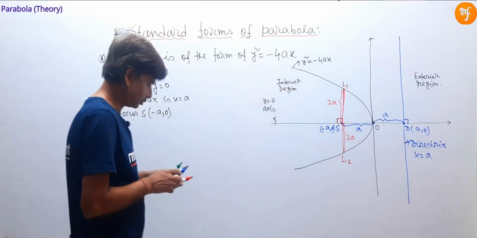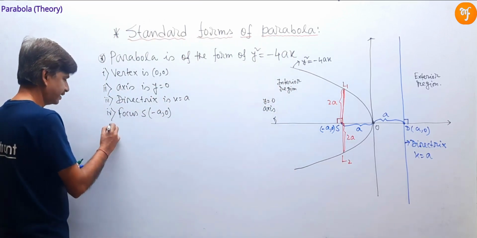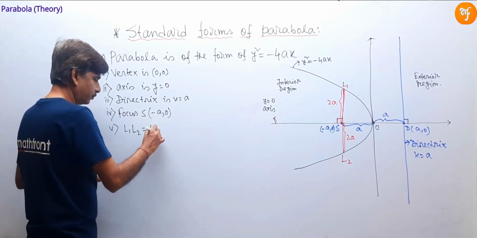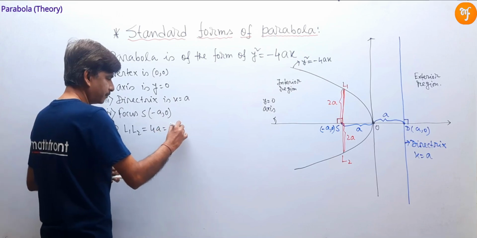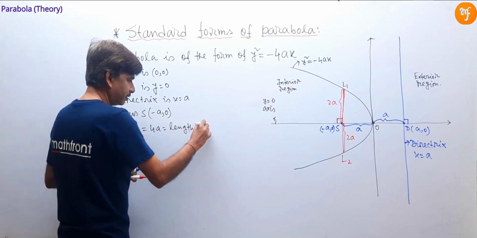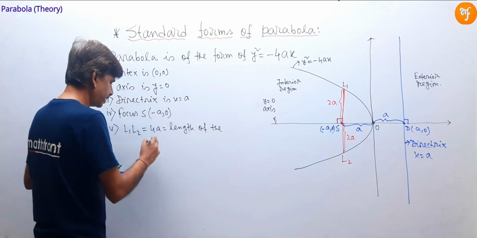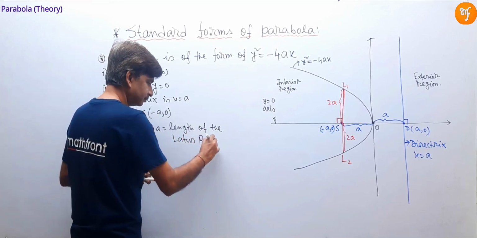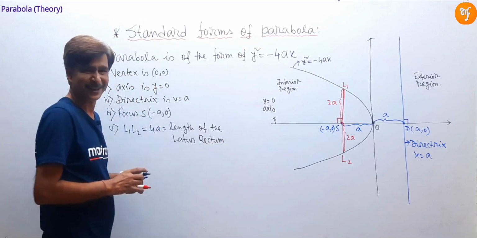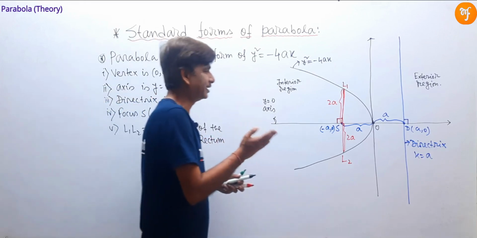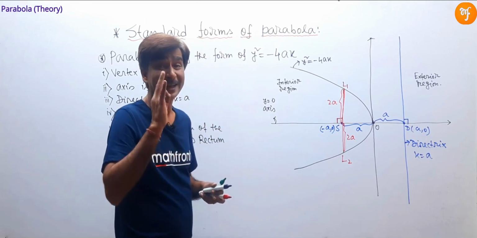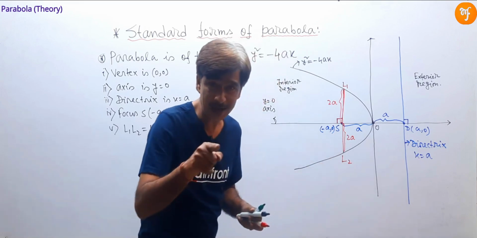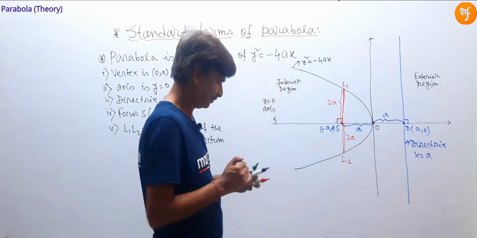So you should write L1 L2 is equal to 4a, the length of the latus rectum. Understand? We already discussed that the latus rectum is nothing but the least focal chord, and it is perpendicular to the axis of the parabola.